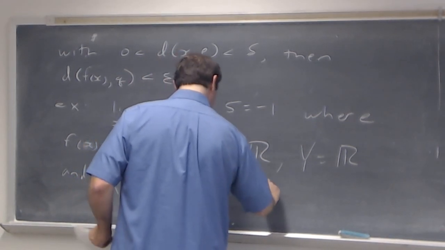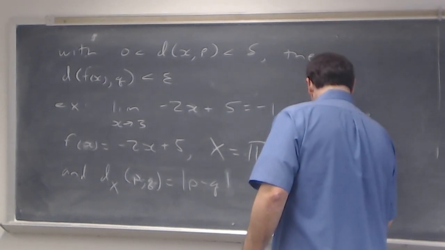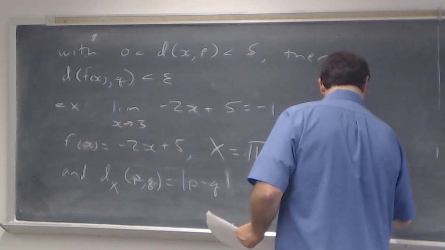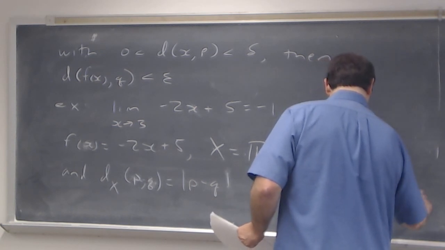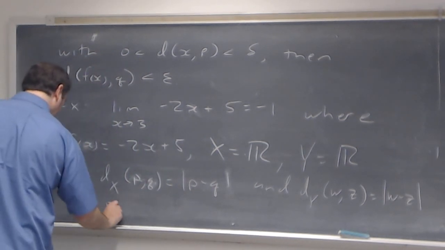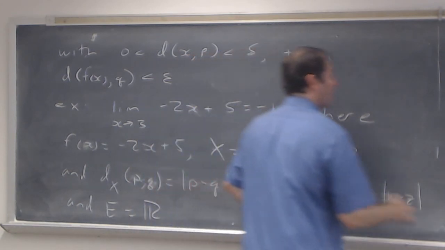And the metric on Y between, let's say, two real numbers w and z is equal again to the absolute value of w minus z. And we're going to let E be equal to R as well, because that's what f of x is defined on.